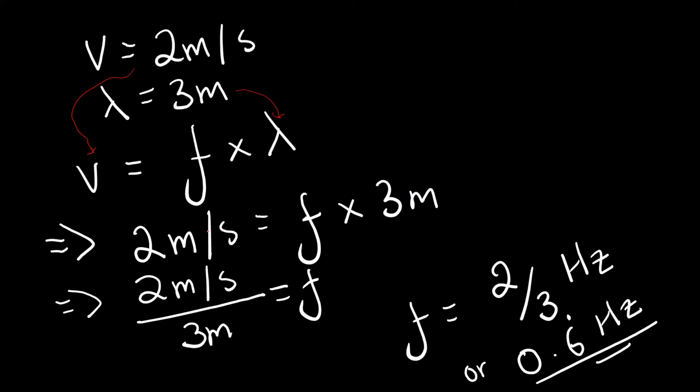You can rearrange first if you're confident in doing that. I'll put numbers in first to see what we have. We need to find F. So really here we're dividing both sides by 3. We've got 2 divided by 3. This is F. So it's 2/3. You could even leave it as a fraction: 2/3 hertz or 0.6 recurring hertz. You always have a calculator in exams, so don't worry about working that out.